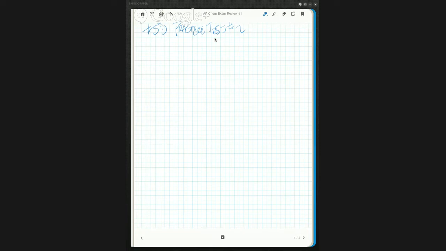2, number 58. Okay. So the question is, which of the following carbon-oxygen species has the longest average CO bond length? So CO bond length, and you want to know which one's the longest. Okay.